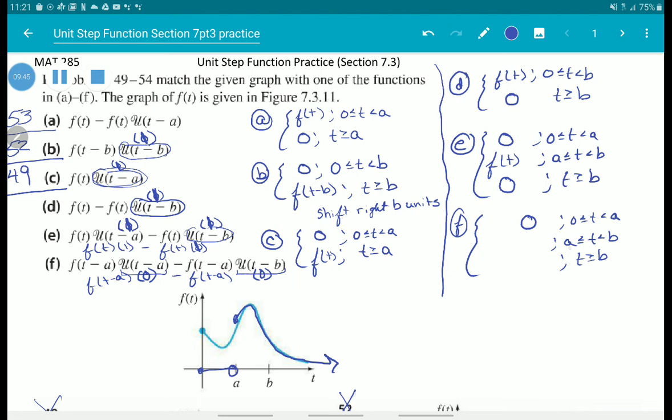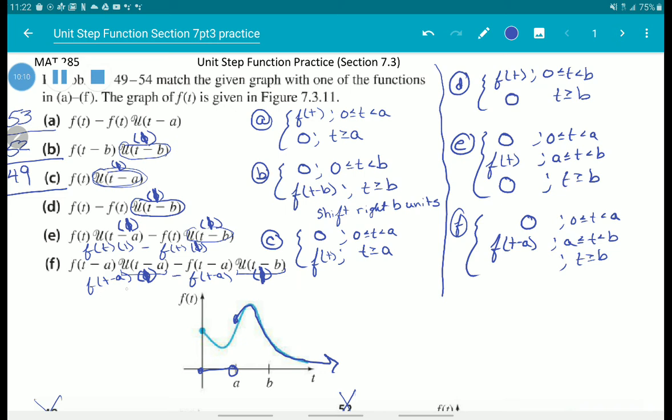And then once we're between A and B, that first piece is going to flip on, so that unit step is going to take on a value of 1. But this guy's still going to be off. So we're going to have f of t minus a minus 0, which would just be f of t minus a. And then once we get past b, we're going to flip this guy on.